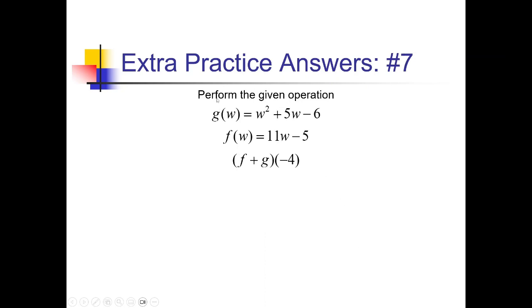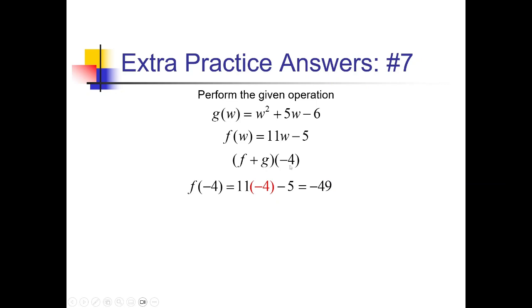For number 7, I have the g and f functions, and I'm doing f plus g of negative 4. So essentially, I'm going to plug negative 4 into each of these, and then I'm going to add those results together. Let me do f of negative 4 first. That's going to be 11 times negative 4 minus 5. This is negative 44 minus 5, so negative 49.